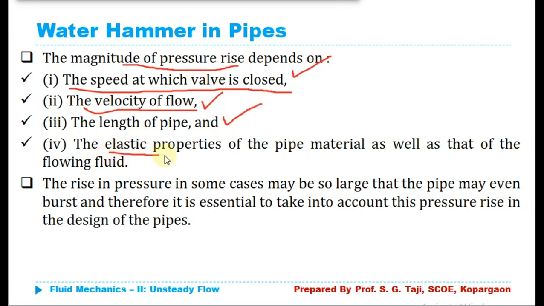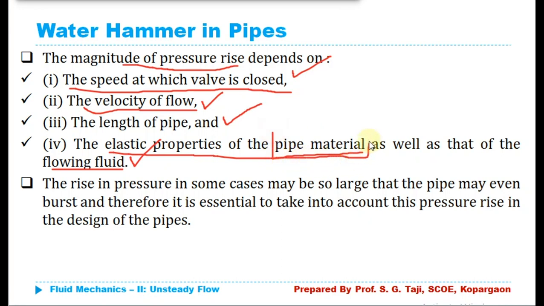Again, the elastic properties of the pipe material, and the elastic properties of the flowing fluid. Obviously, the higher the density of the flowing fluid, the greater the water hammer effect. And the pipe material is going to play an important role.